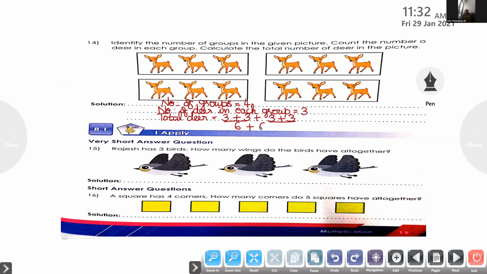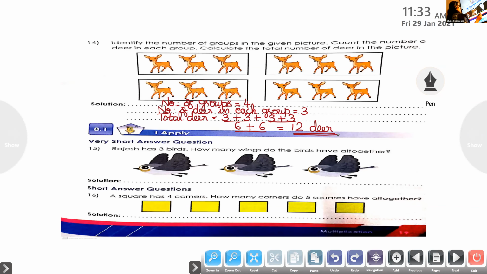Then we have to add these two numbers. 6 plus 6 is? 12. Yes. 6 plus 6 is 12. So how many deer are there? 12 deer are there altogether. Good.